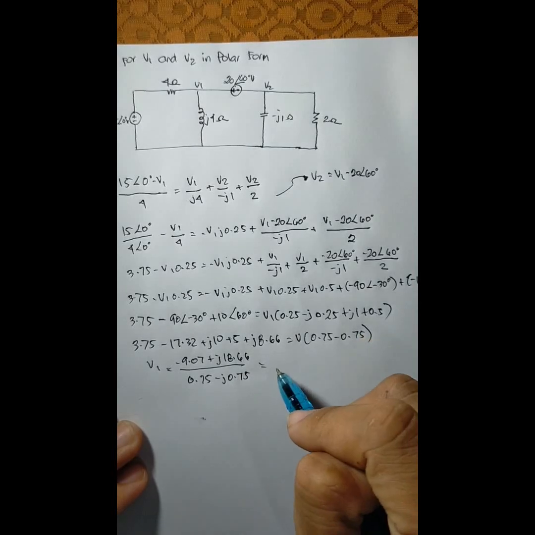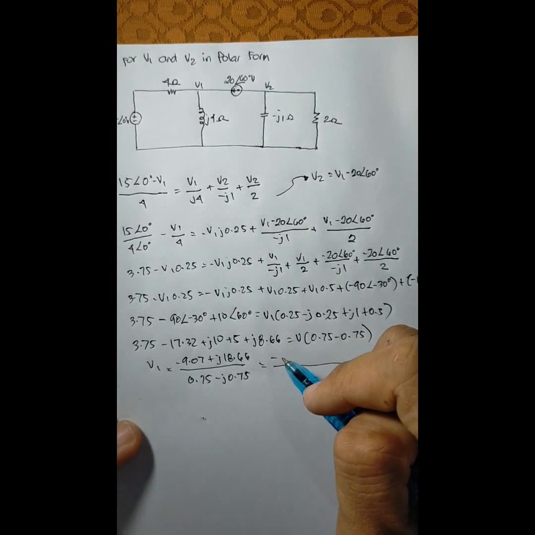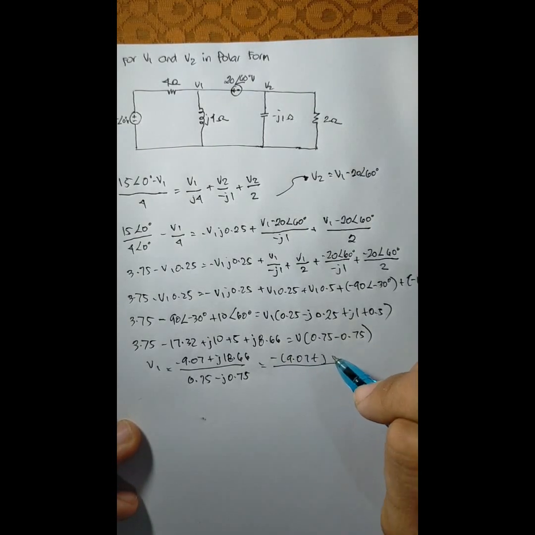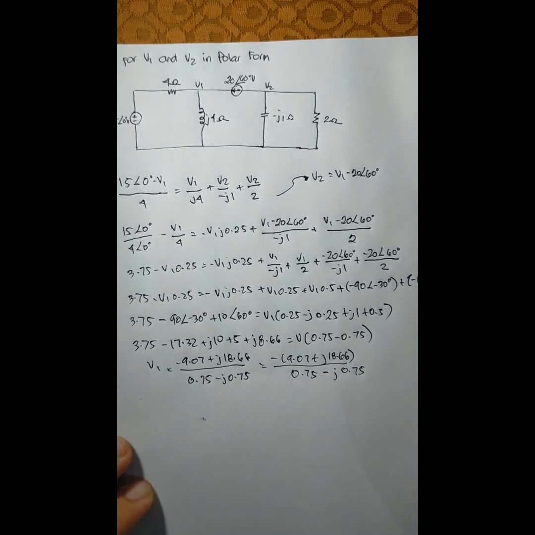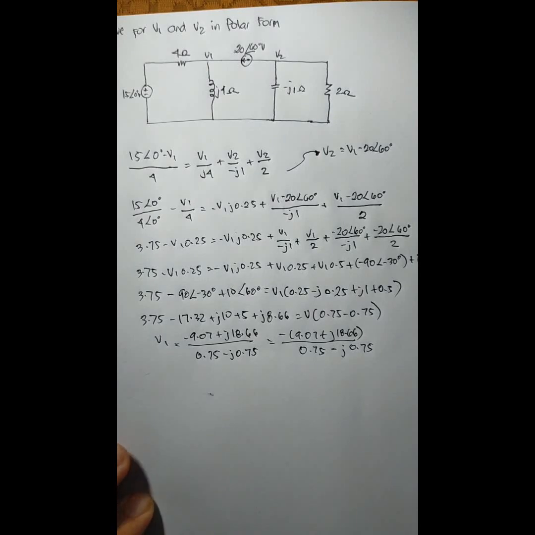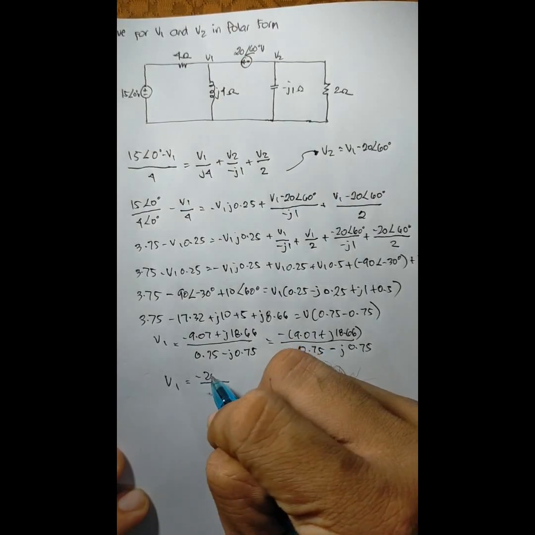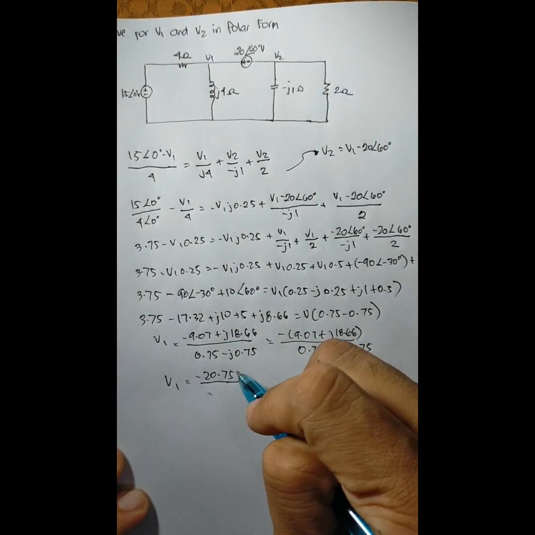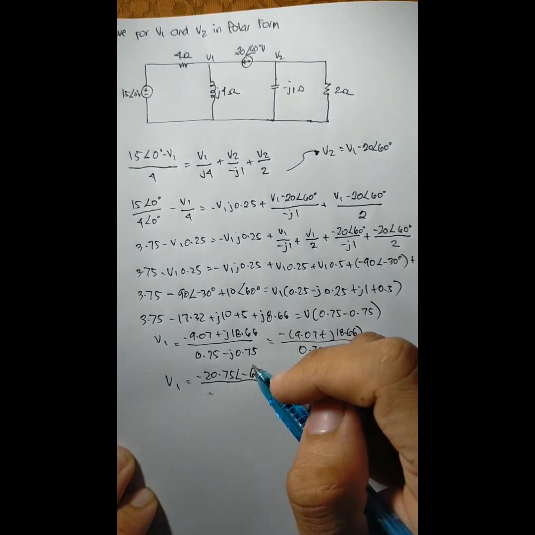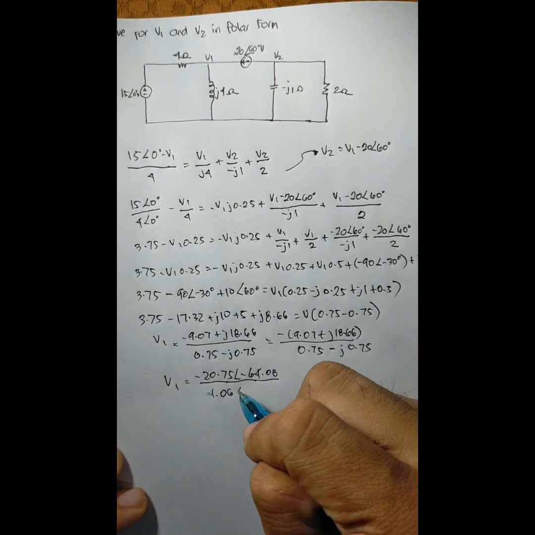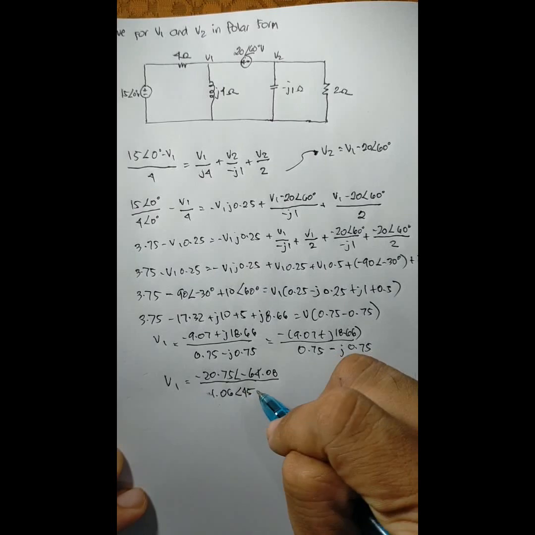So this can be equal to negative 20.75 angle of negative 64.08 over 1.06 angle of 45 degrees.